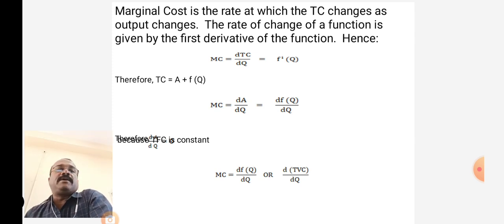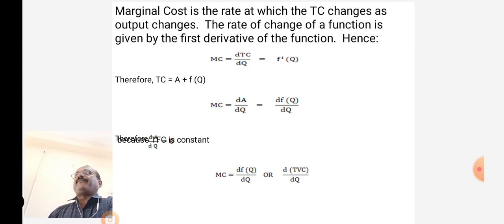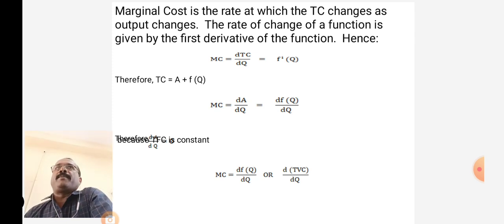So the way I am going to discuss with you is that the rate of change of a function is given by the first derivative of the function, and we call it the marginal cost. What is marginal? It is the additional unit of the factors that we incorporate to manufacture a product in any manufacturing industry.